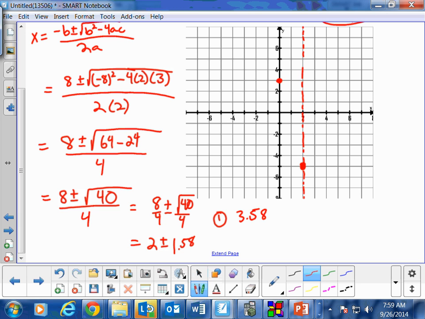Get 3.58. And the other one's going to be minus 2 of that, which is going to be then... actually, you probably could just do it in your head. 1, 2, which should be negative 0.58. Or is it negative 1.58? Let's just verify.